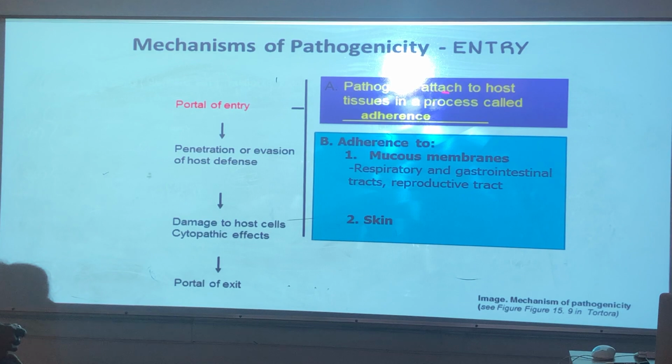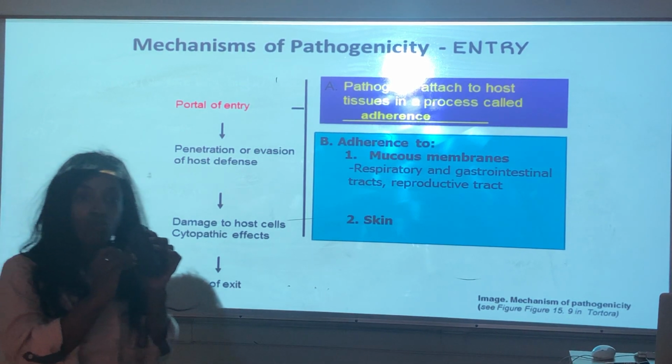All right, so the pathogen attaches to the host tissues, and this process is called adherence. This is important for them to get in, and the foreign invader has to stick to particular sites of their host. So let's take, for example, the cold virus.